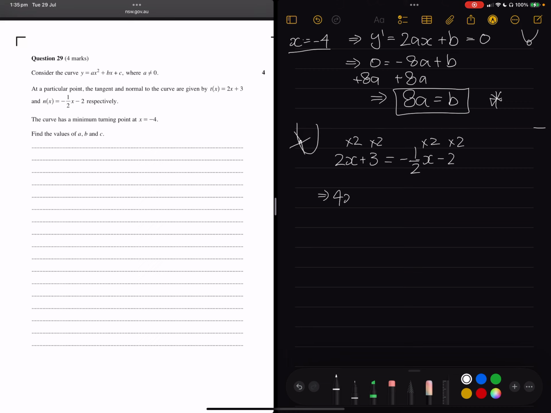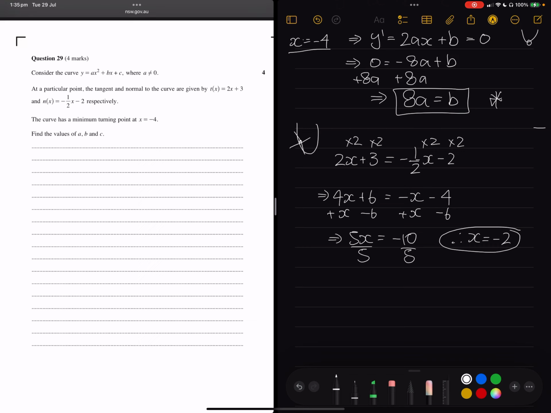This gives me 4x plus 6 is equal to -x minus 4. Add x to both sides, and next -6 from both sides. This gives me 5x is equal to -10. Divide both sides by 5, and I end up getting that x is equal to -2.